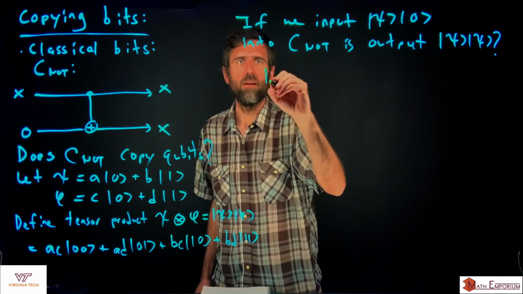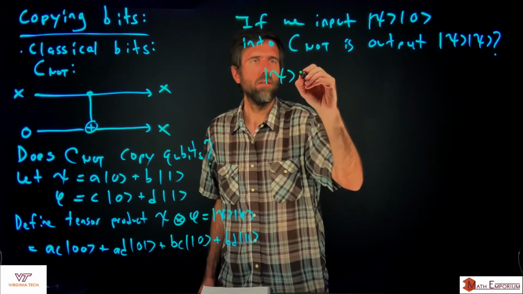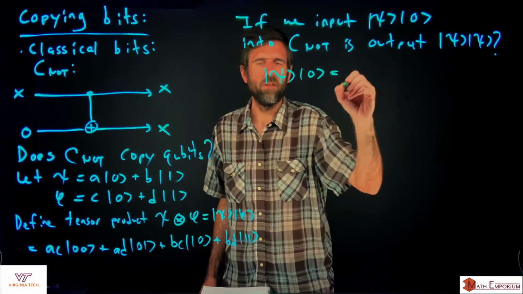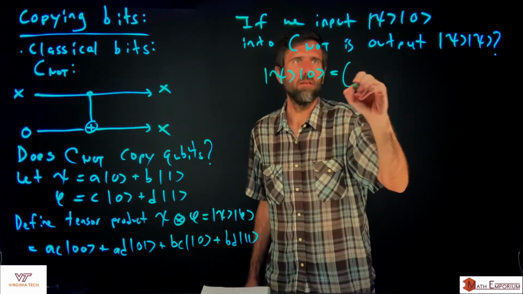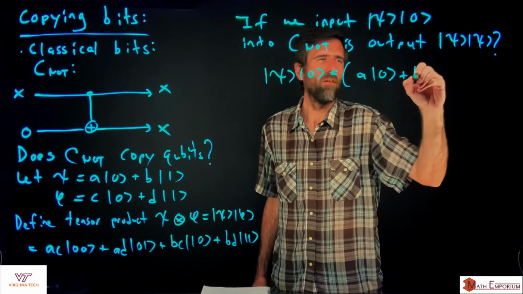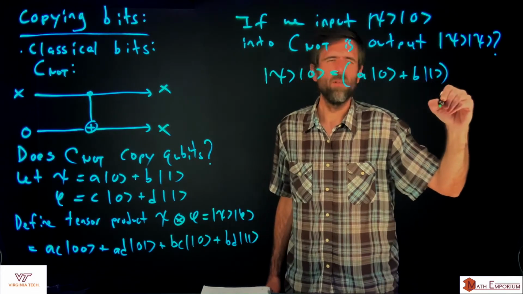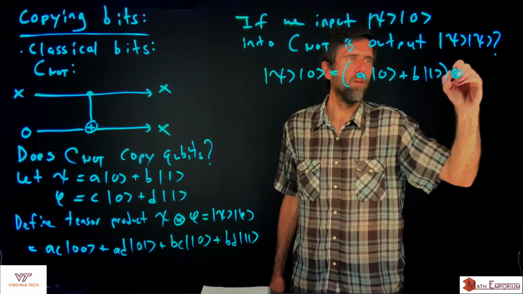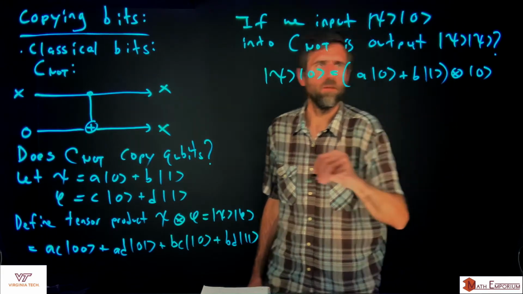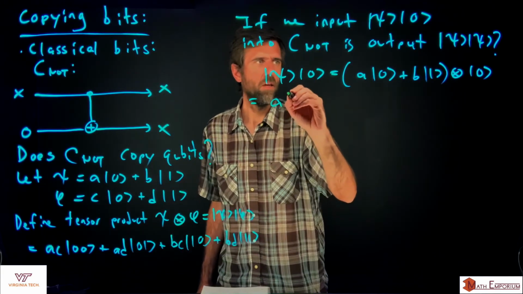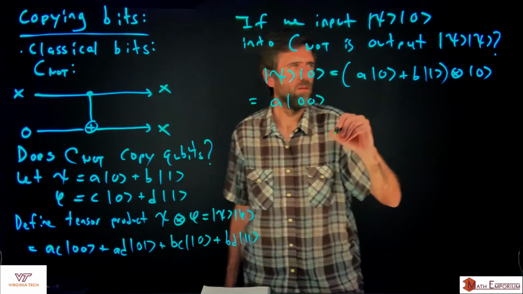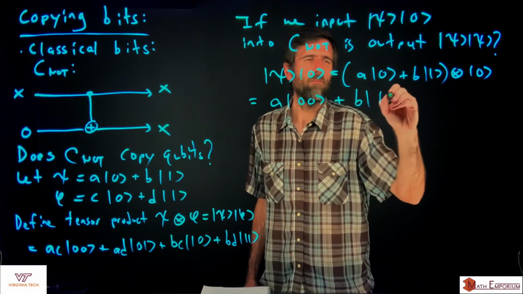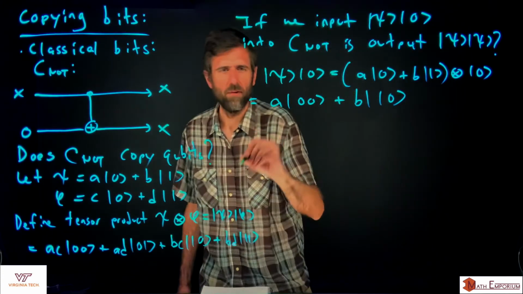So psi tensor with 0 is what? A0 plus B1 tensor with 0, which is A00 plus B10.